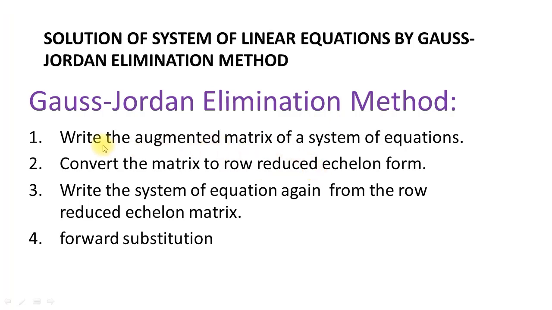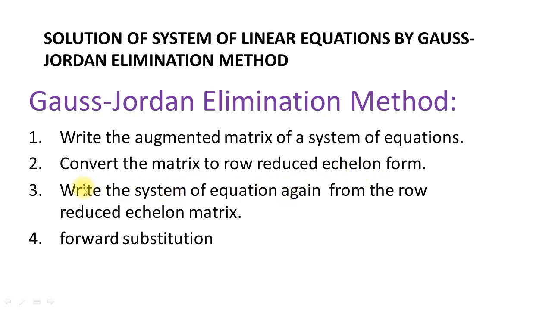First of all, write the system of linear equations in matrix form, and then write the augmented matrix of the system of equations, and convert the matrix to row reduced echelon form.